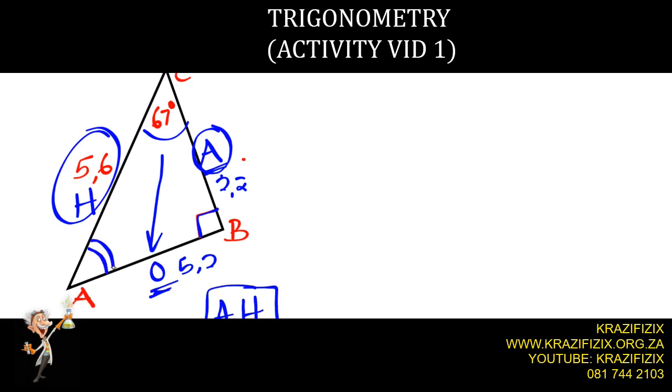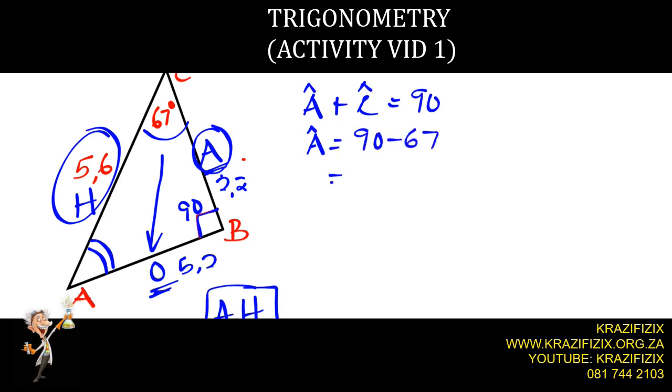But I'm going to try to do it in so many ways. This whole triangle is just 180. So remember that this is 90. So I could just simply say angle A plus angle C should give me 90 degrees. So angle A will simply be 90 minus 67, and that will be equal to 23 degrees.